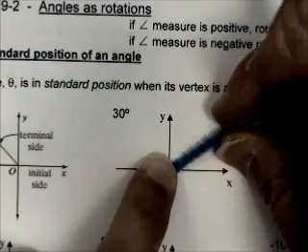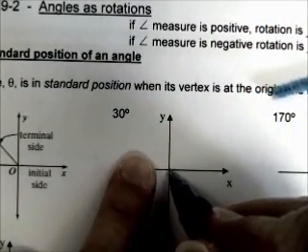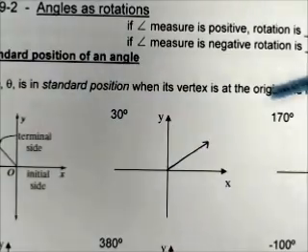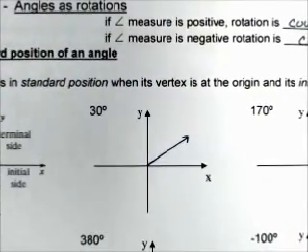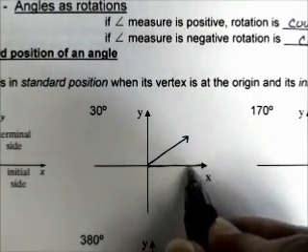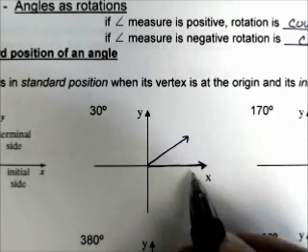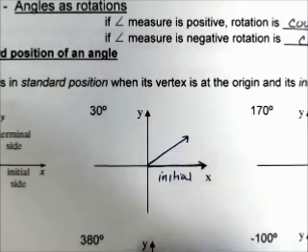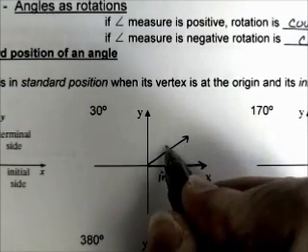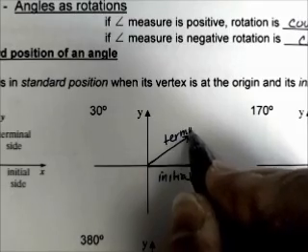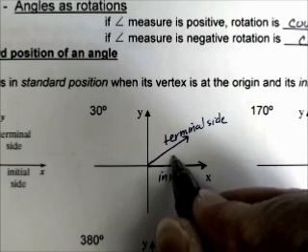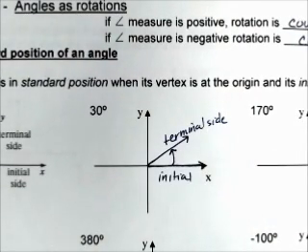Now take your pen or pencil and draw the terminal side, the ending side. The positive portion of the x-axis is our initial side, and where we end is our terminal side. We'll just indicate our direction with this arrow. So this represents a 30-degree angle.